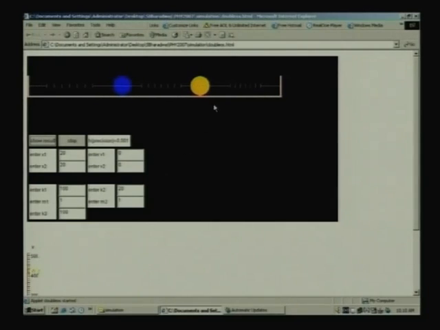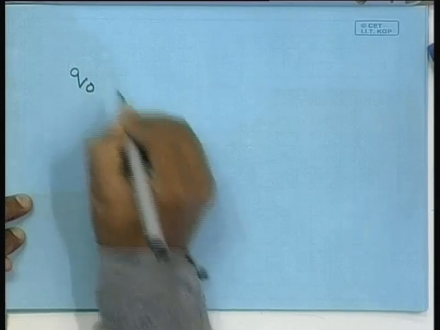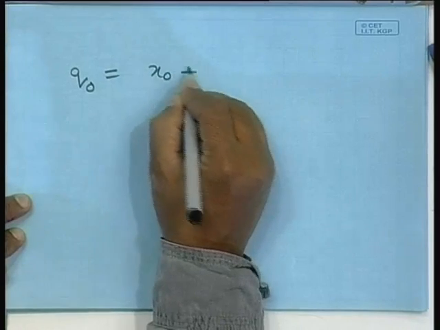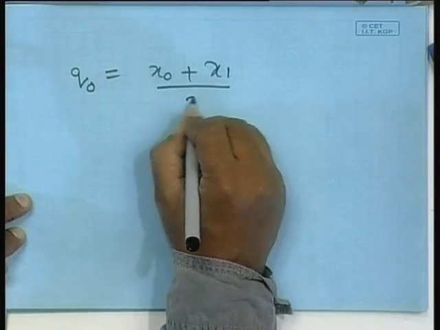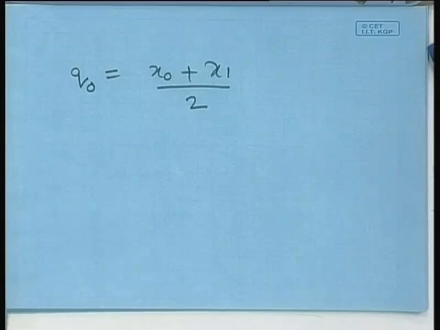You can see that this kind of disturbance, where I give both the particles the same displacement, excites only the first normal mode. So, it only excites q0, which is (x0 plus x1) by 2, the motion of the center of mass.